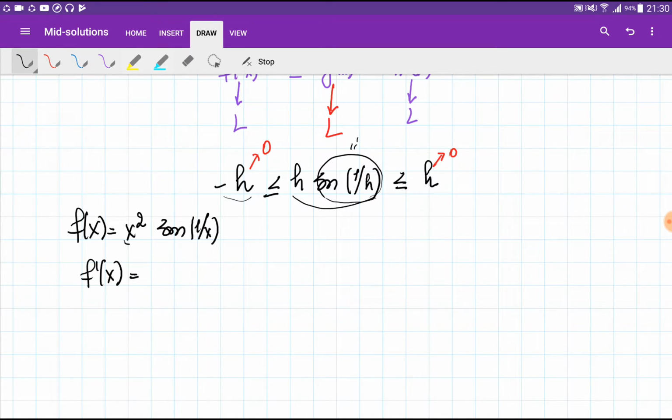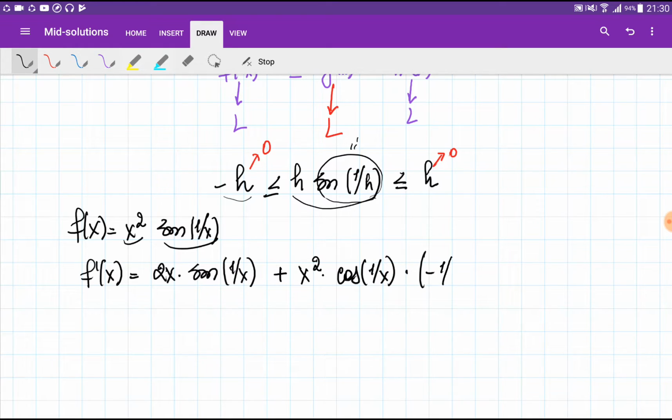So this is the derivative of the first part, 2x, multiplied by the second part, sine of 1 over x, plus the first part multiplied by the derivative of the second part. And here we need to use the chain rule again, right? The derivative of the sine of 1 over x is cosine of 1 over x, multiplied by the derivative of 1 over x, which is minus 1 over x squared.